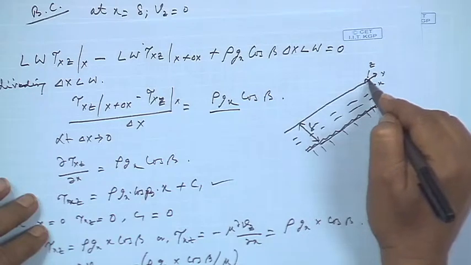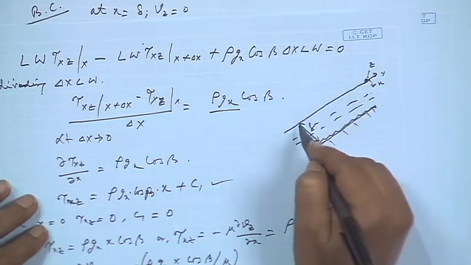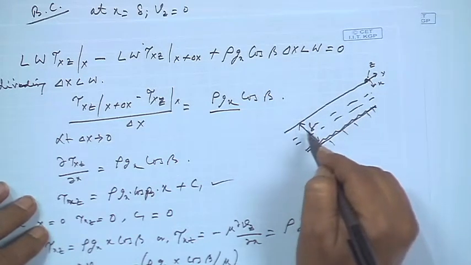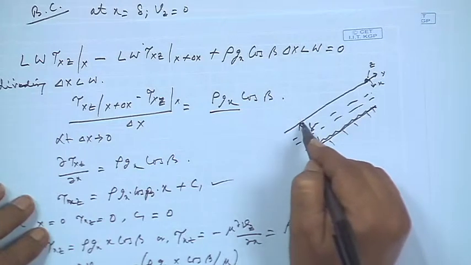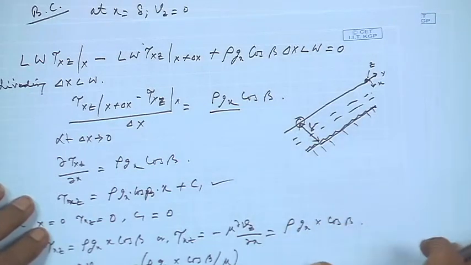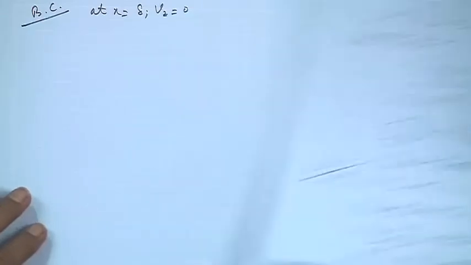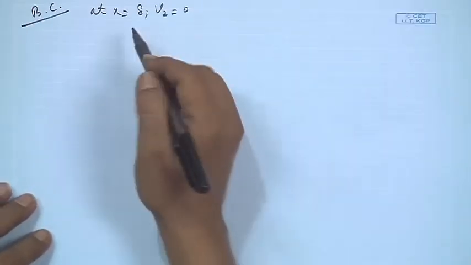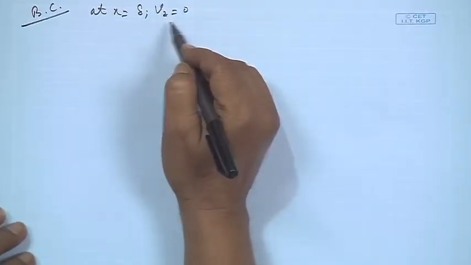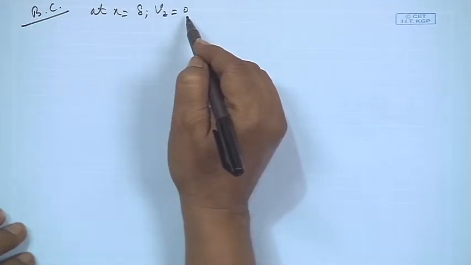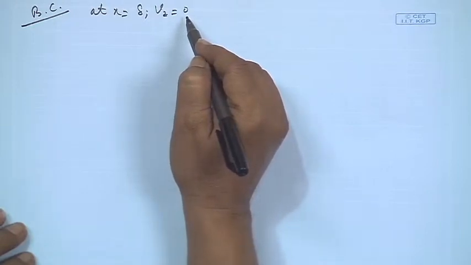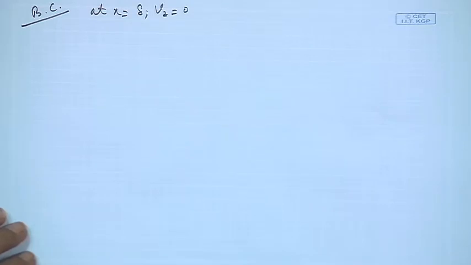We started from here, this is the coordinate point. At x equals delta, this is the open liquid-gas interface. So at x equals delta, Vz is equal to 0. Why?